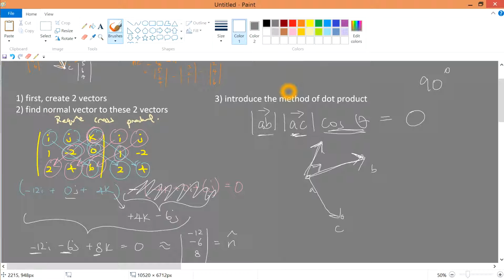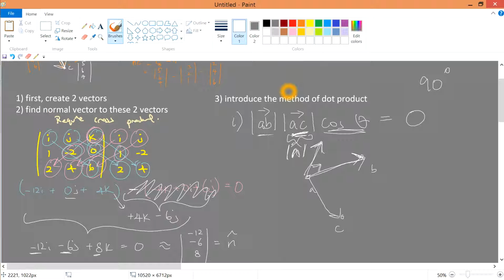Actually this one shouldn't be AC, this should be the normal vector and its magnitude. Anyway, the concept is that they are 90 degrees, but you will not be using that for this channel, my fault.